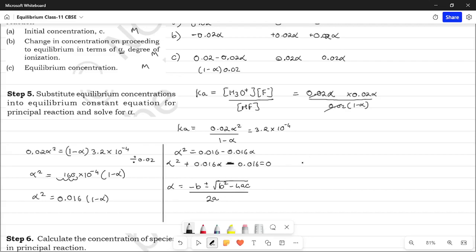Okay, so here value of a equals 1, value of b equals 0.016, and value of c equals minus 0.016. So this will be equal to, let's substitute those values, minus 0.016 plus minus root over 0.016 square minus 4 into a into minus 0.016.